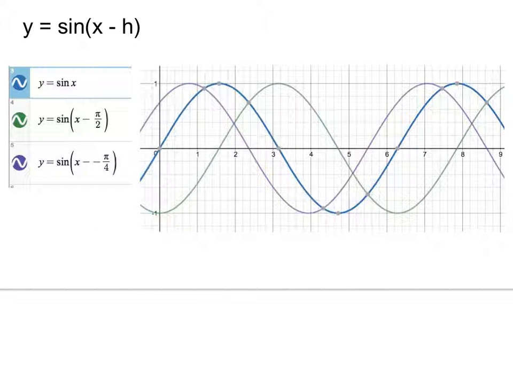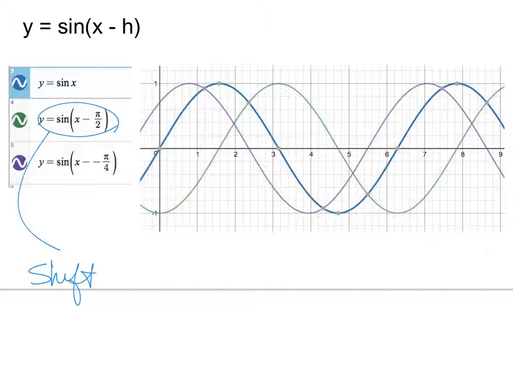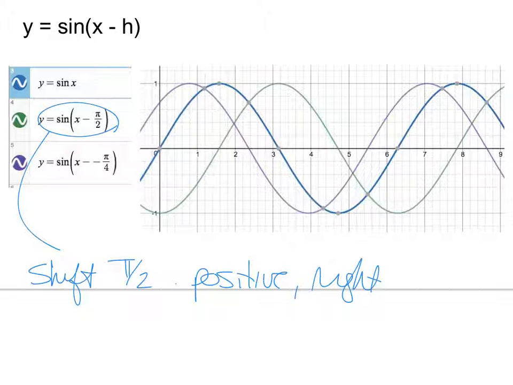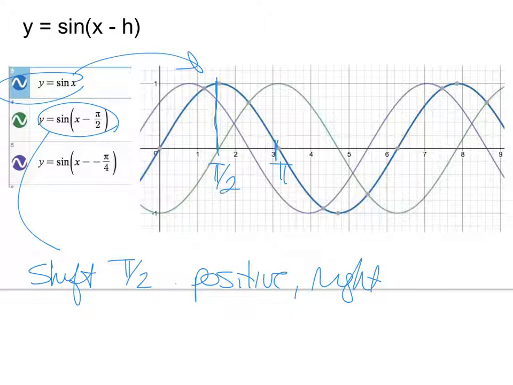Okay, it gets a little harder to read when we're doing fractions, but basically we're shifting pi over 2, positive, to the right. So this green one, here's pi. This is pi over 2 because it's the maximum of the original sine function. So we shifted pi over 2; that was our starting point for the green line. Okay?